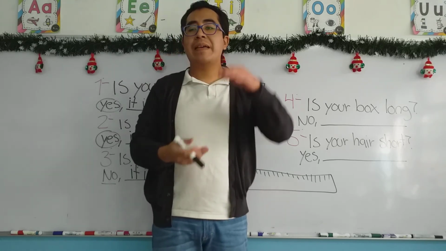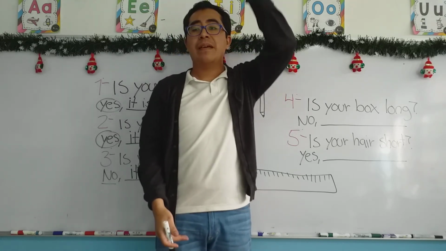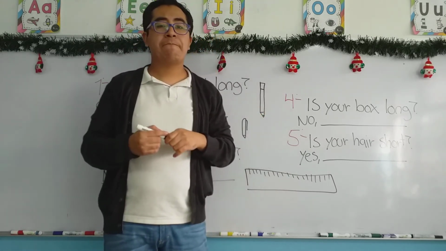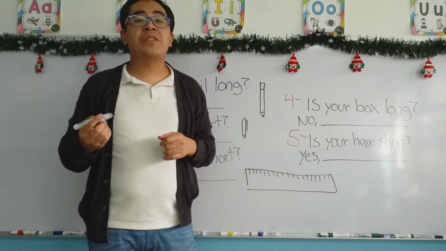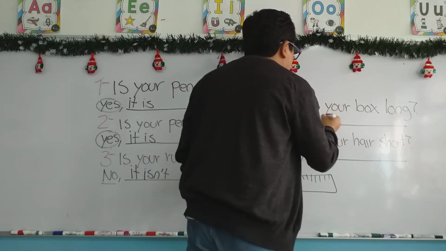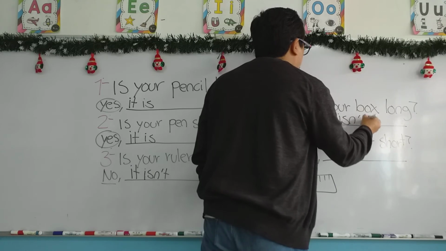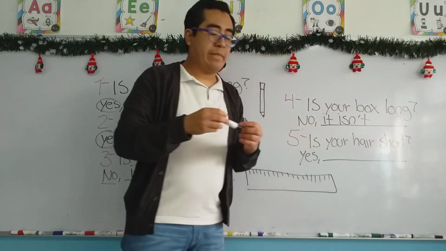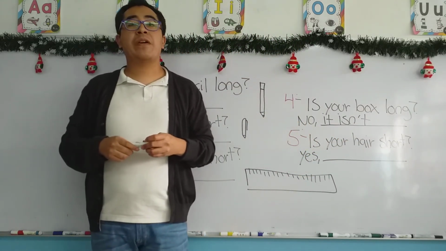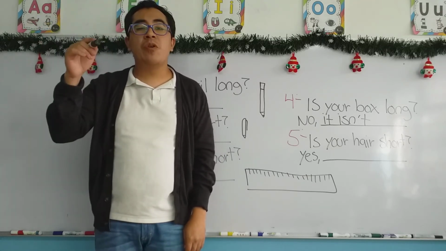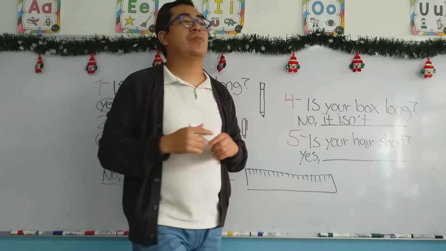And the answer is no. So, the rest of the answer, it isn't. Okay? And because it's not a long box, that means we have to draw a short box.